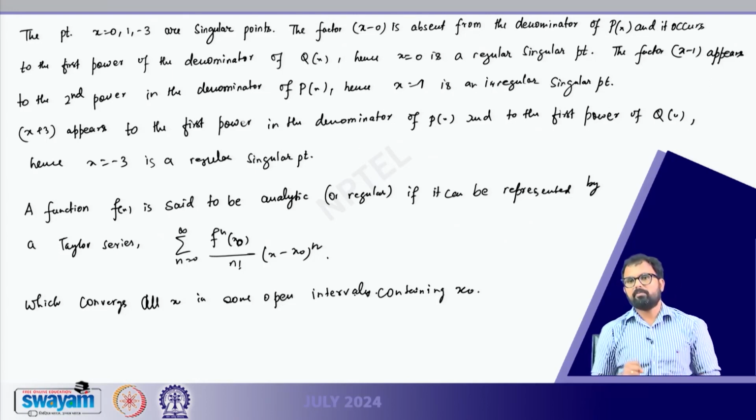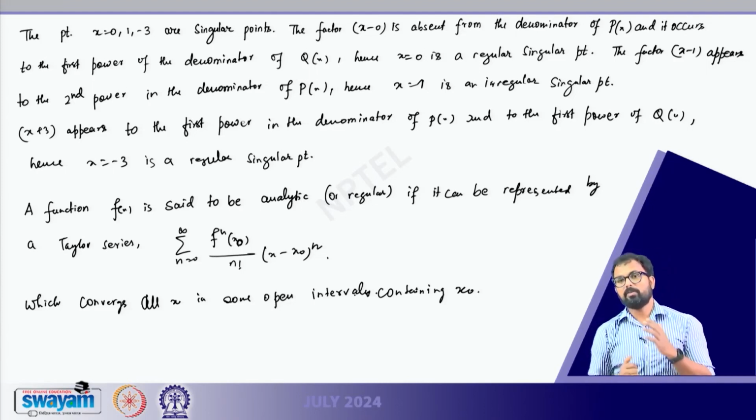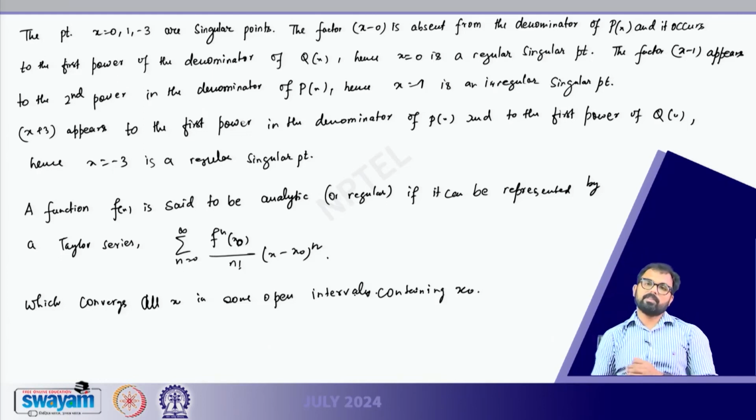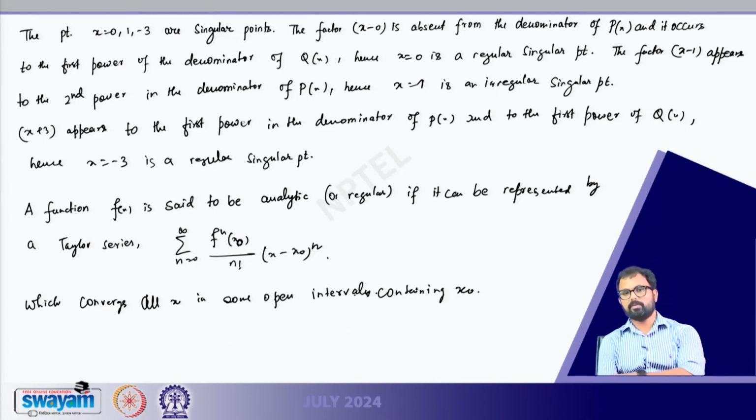Okay. Now, we more or less got the idea what is a regular point, what is a singular point, what is an ordinary point, among singular points what is a regular singular point, what is an irregular singular point, and so on. So, now I will solve one or two examples just to tell you how the solution of an ordinary differential equation goes when we have ordinary points and when we have singular points, right.